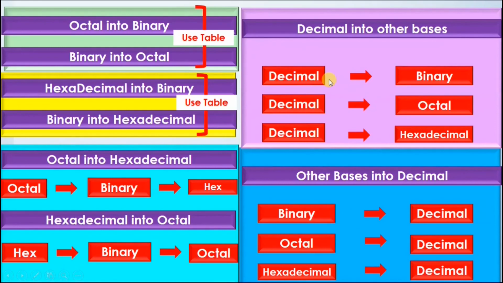We solved the whole numbers using prime factorization method and the floating point numbers using the other method. Then in the next section, we converted other bases into decimal. So we learned how to convert binary into decimal and then octal into decimal and then hexadecimal into decimal. So in this way, we covered all of the necessary conversions that were required to learn to conquer the concept of number systems.